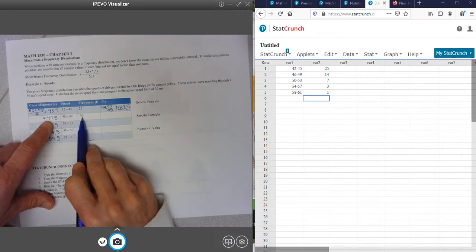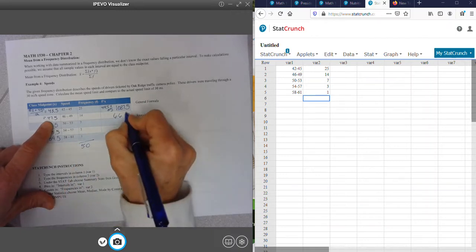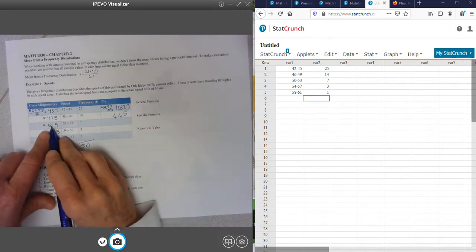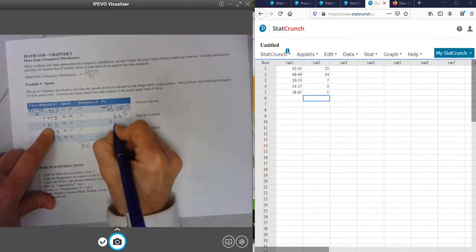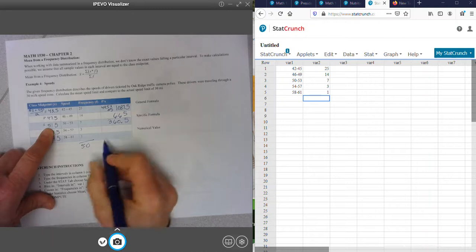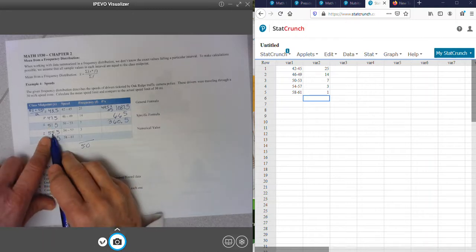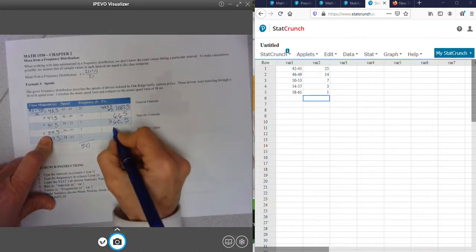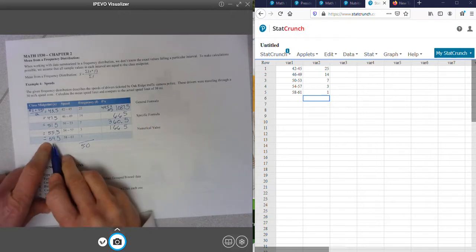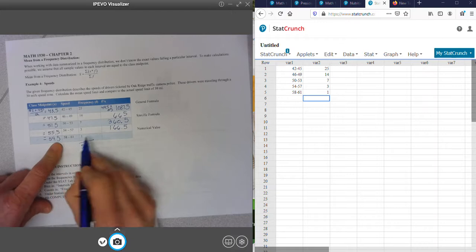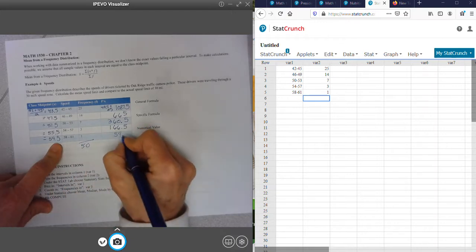47.5 times 14 is 665. 51.5 times 7 is 360.5. 55.5 times 3 is 166.5. And finally, 59.5 times 1 is 59.5.